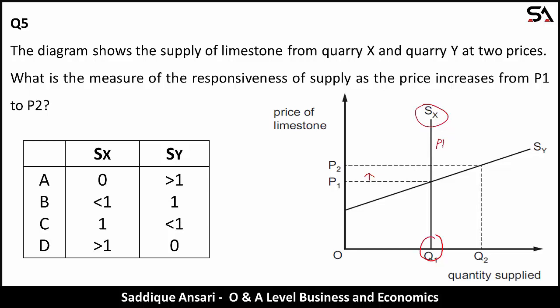Its price elasticity of supply is 0. This SY is starting from the y-axis, so its PES is greater than 1. So the only option consistent with this is that for SX the PES is 0, and for SY it is greater than 1. So A is our answer.